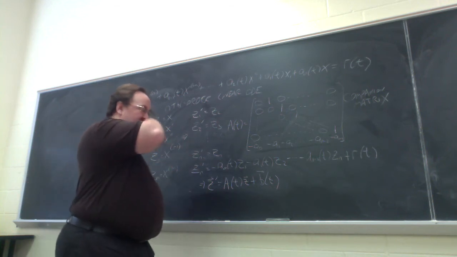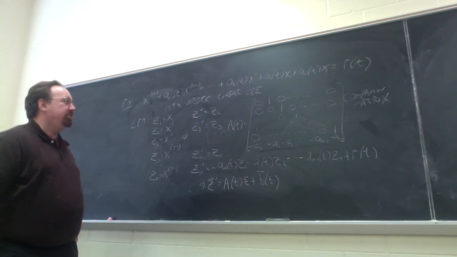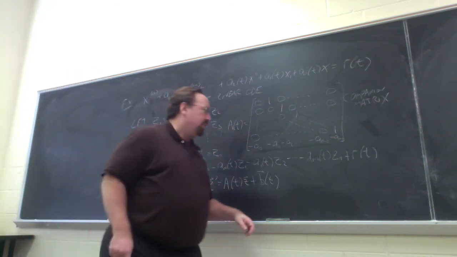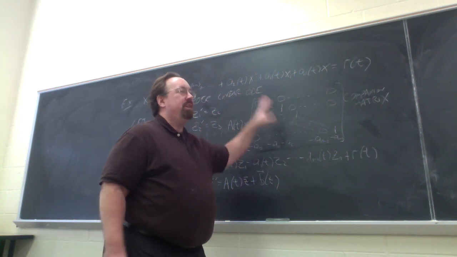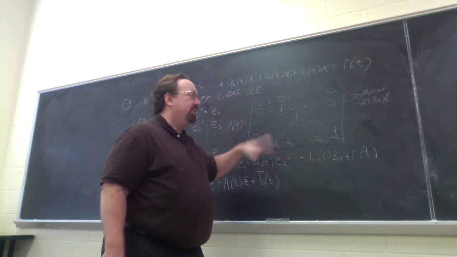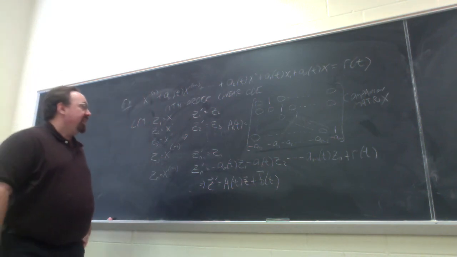In fact, this is what MATLAB does to compute polynomial roots. It actually takes the coefficients of your polynomial and makes a companion matrix from that polynomial and then computes the eigenvalues. It doesn't use other root finding means.